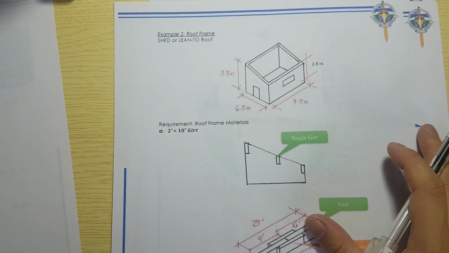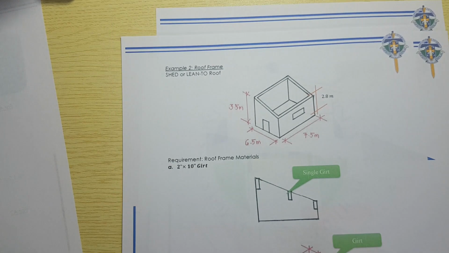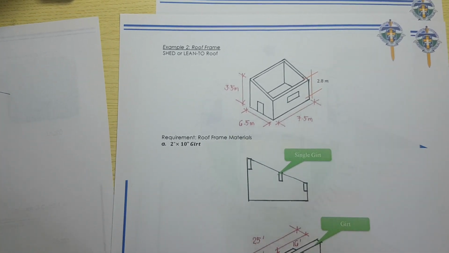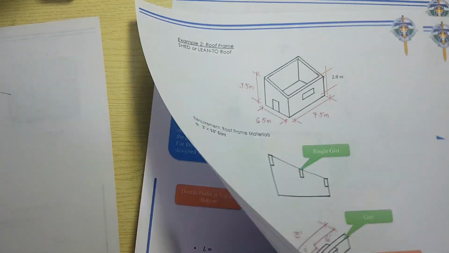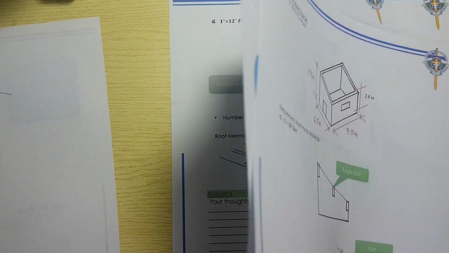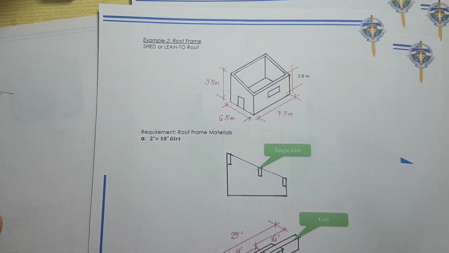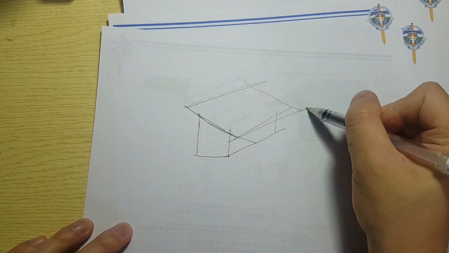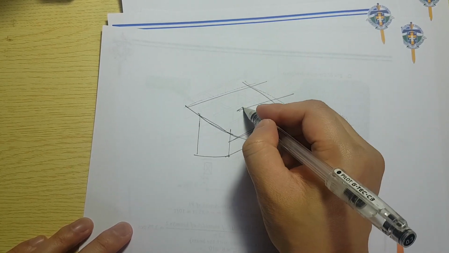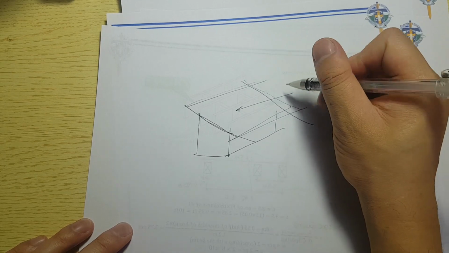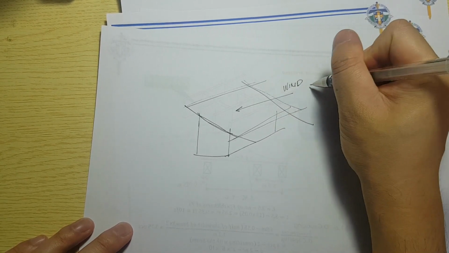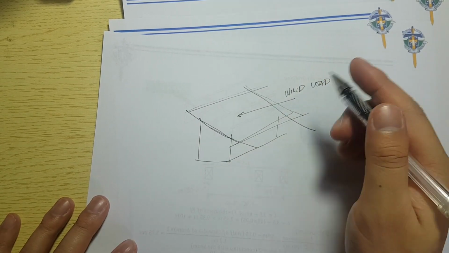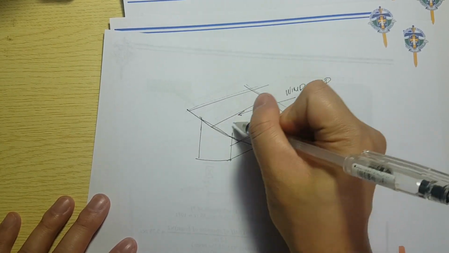So what are the things that need to be estimated? For woodworks, we need to estimate the purlins. When the load is being transferred, if this is your GI sheet, it will be the one receiving the wind load, and from there it will be transferred to the purlins.